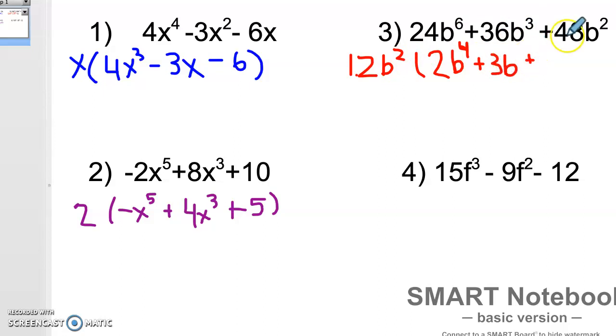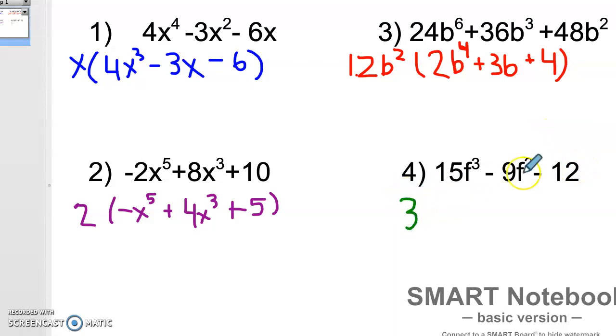And then we have 48 divided by 12 is 4, and b squared divided by b squared cancels out. The factoring is complete.